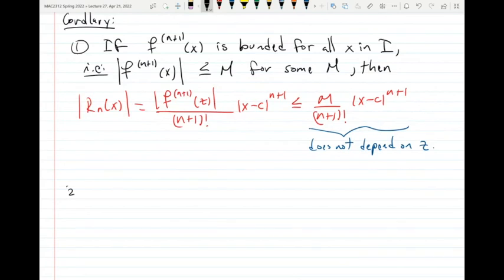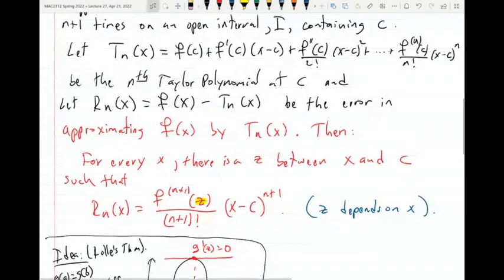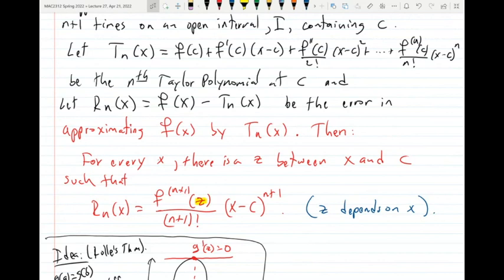The second remark is that Rn is a result of approximating the function f of x by the Taylor polynomial. If the limit of Rn is equal to 0, what does that mean? That means that f of x minus the limit, because f of x is a constant with respect to the limit as n approaches infinity, f of x minus this limit is going to be equal to 0, right?